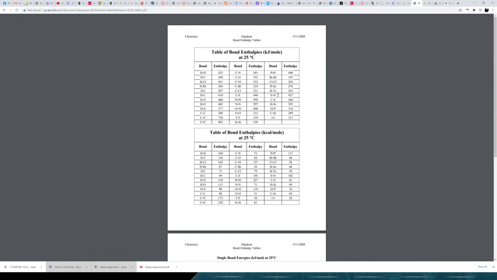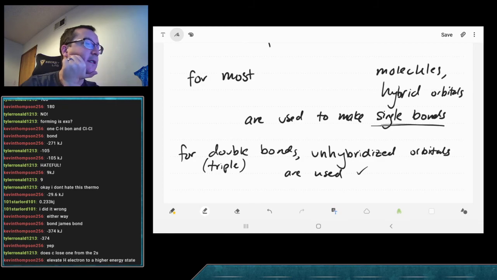So it's always more energy to break multiple bonds within a molecule. And it turns out also that in terms of bond length, a triple bond is shorter than a double bond, which is shorter than a single bond. So we're going to see that tomorrow when we start talking about these unhybridized orbitals. This is going to be an exciting thing.